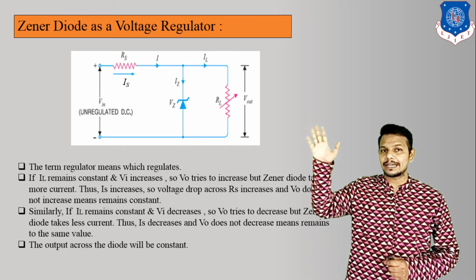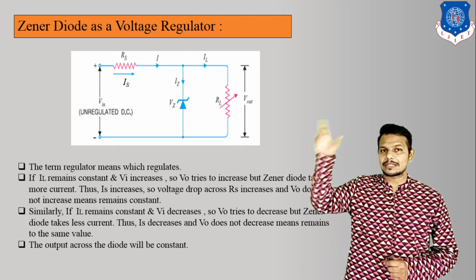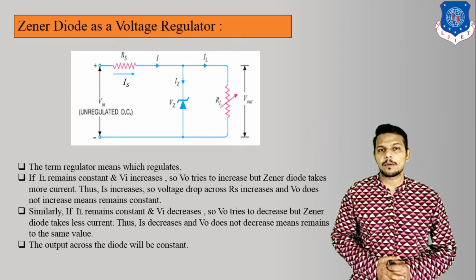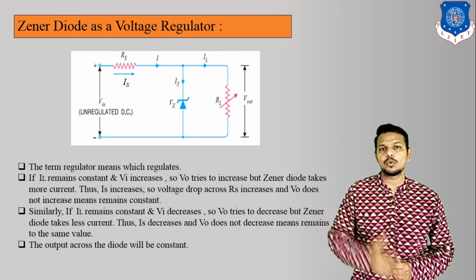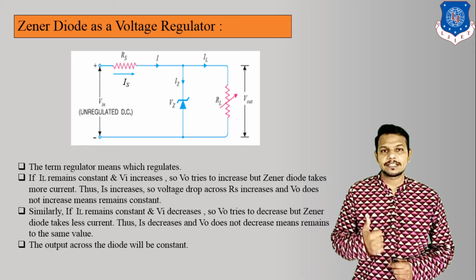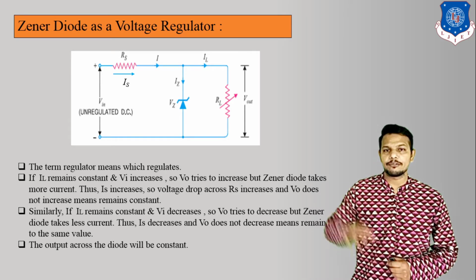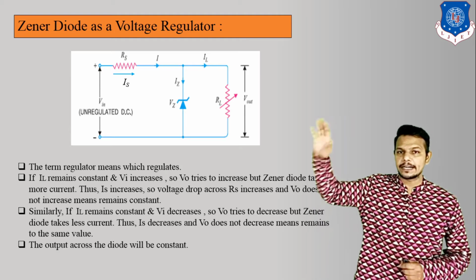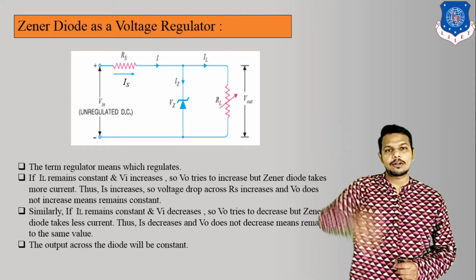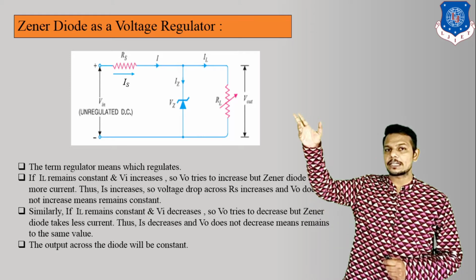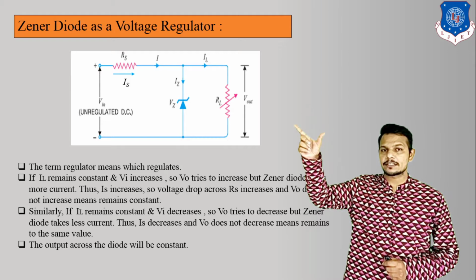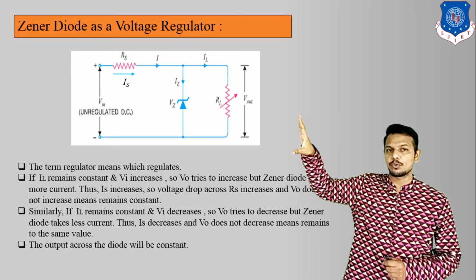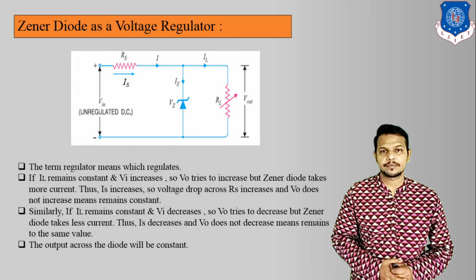If IS increases, then across this resistor RS the voltage drop VRS, which is equal to IS into RS, increases, and VO remains constant. Because across RS the voltage drop increases, Vout is not increasing. That means it remains constant.